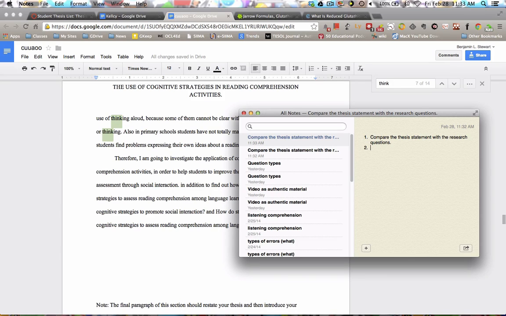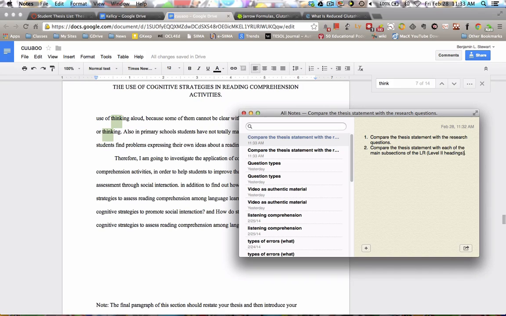Then when I look at those and say, okay, those are lined up, I'm then going to compare the thesis statement with each of the main subsections of the literature review, and these are level 2 headings.